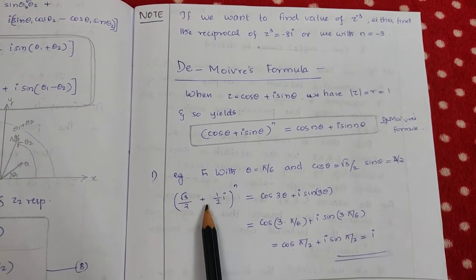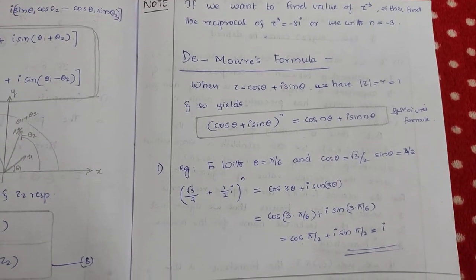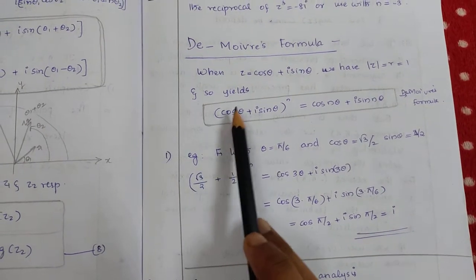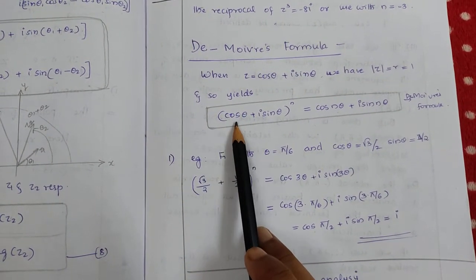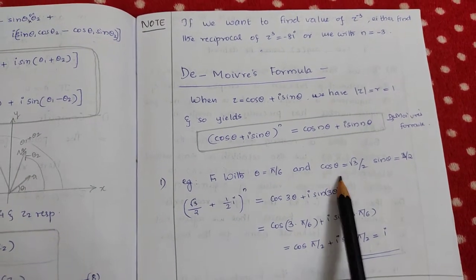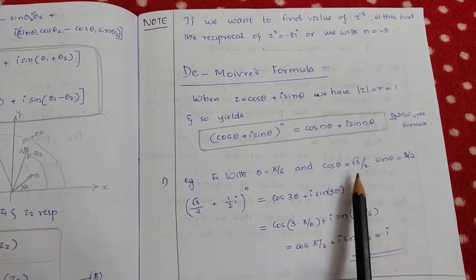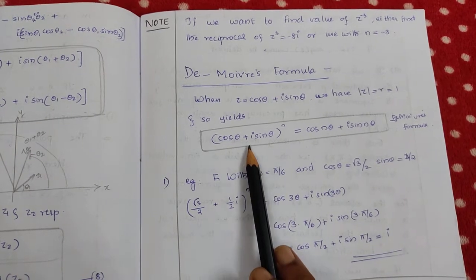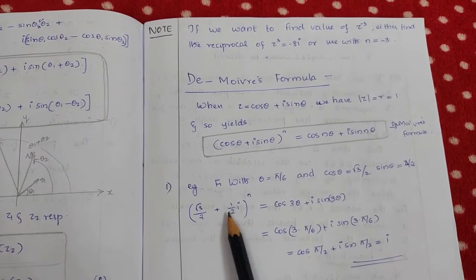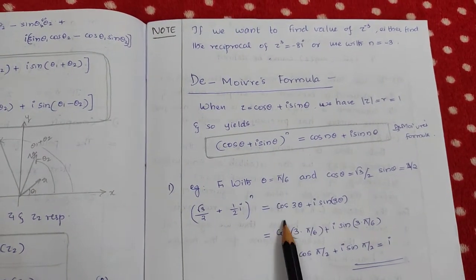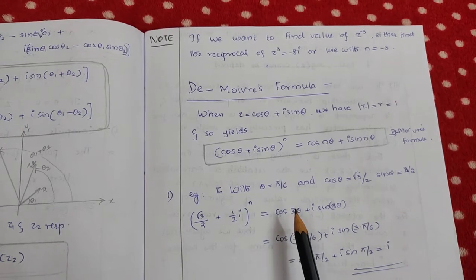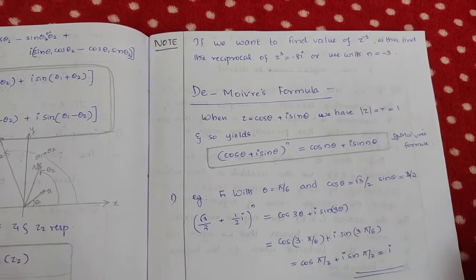So (root 3 by 2 plus 1 by 2 i) the whole raised to n is equal to, by this formula, cos n theta plus i sin n theta, where n is 3.